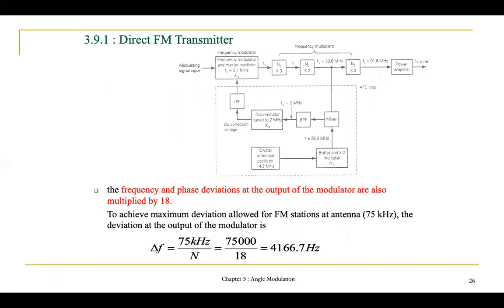The frequency and phase deviation at the output of the modulator are also multiplied by 18, because it uses the multiplier method.